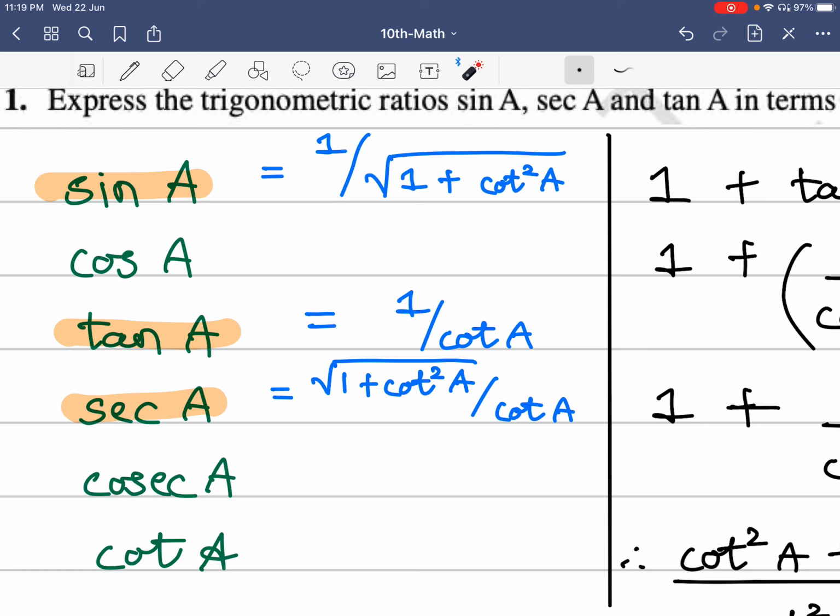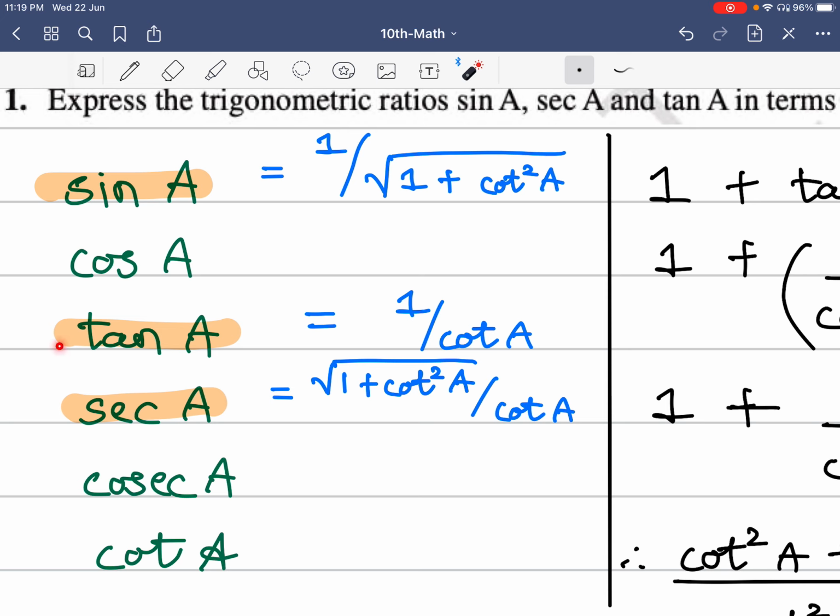Okay. Now, an interesting property of the trigonometric ratios is that you take any one trigonometric ratio, let's say sine A, and the rest 5 can be expressed in terms of sine A. Okay. So, you take cos A, the rest 5 can be expressed in terms of cos A. So, the same thing we are trying to do here.